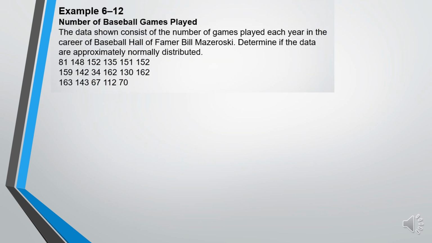Next example is 6-12, number of baseball games played. The data shown consists of the number of games played each year in the career of Baseball Hall of Famer Bill Mazeroski. Determine if the data are approximately normally distributed.